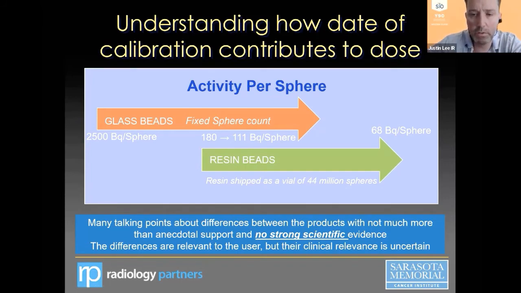And really, there's no strong scientific evidence that supports where this should be done. We see people who use extended shelf life glass in a lot of published papers, and then we see people, for example, like Armin, who might comment on this later, who tend to use the earlier 3-day pre-calibrated doses of resin in all of their cases.